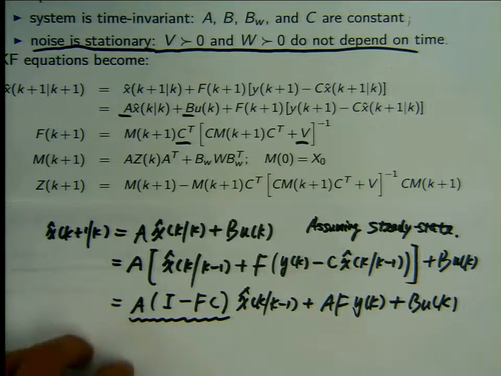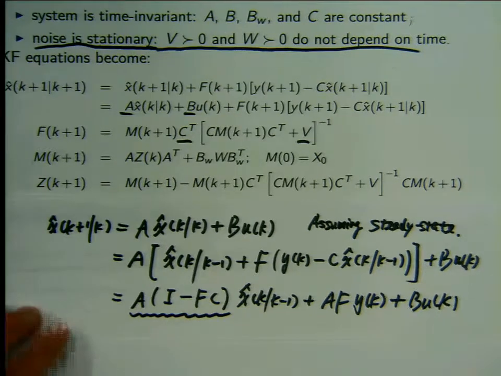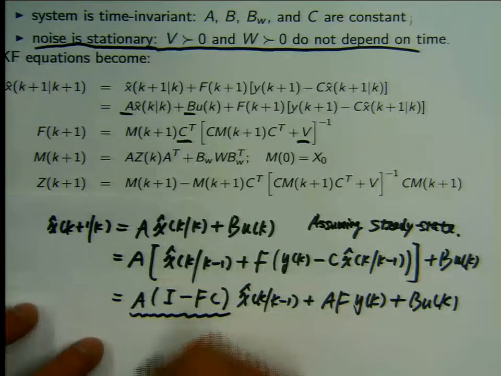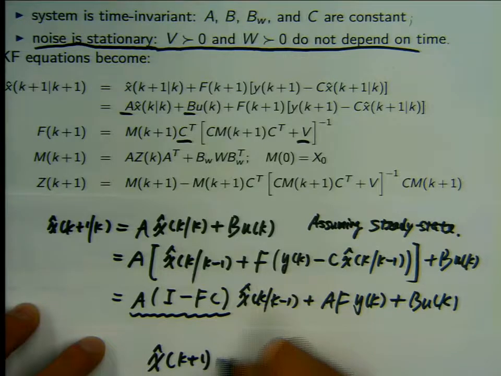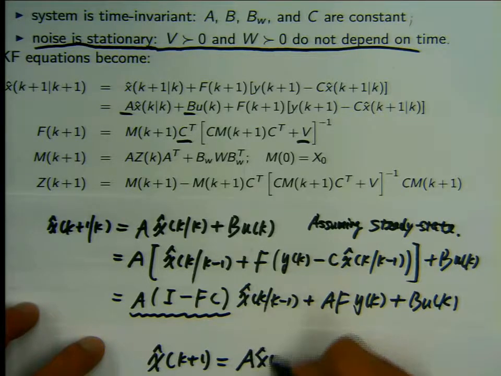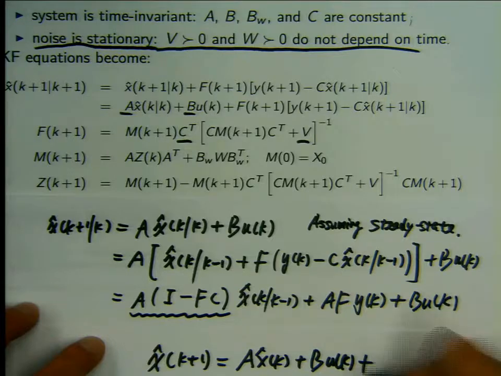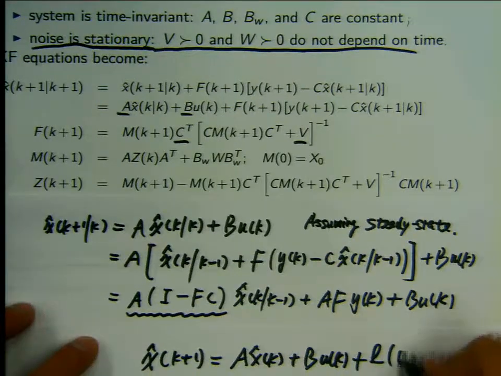This is intuitive to understand because recall any kind of observer design or even LQ design. Any kind of observer design, let's say x hat k plus 1 equals A x hat k plus B u k plus L, I will use L in a standard observer, y k minus C x hat k.